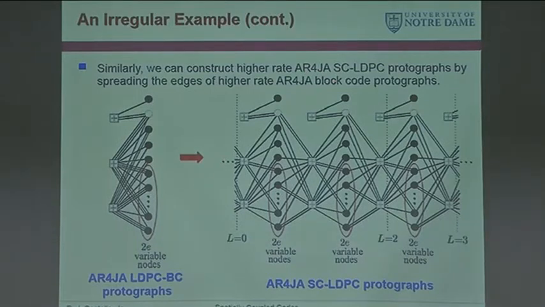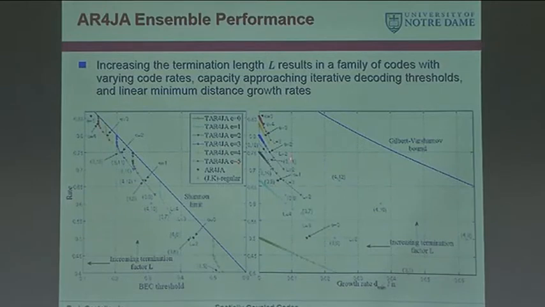If we go to the AR4JA, the ones where you had the extra variable nodes to give you higher rates, those are all included here. It's basically the same graph except extra variable nodes. So you can do these kind of pictures with ARJAs also, and in the distance domain, with short L's, you always get positive linear minimum distance growth rates.